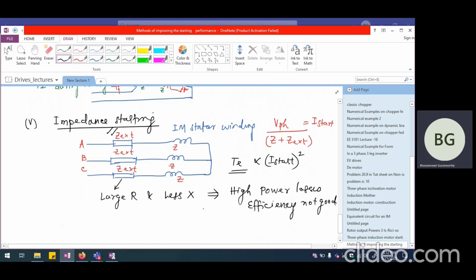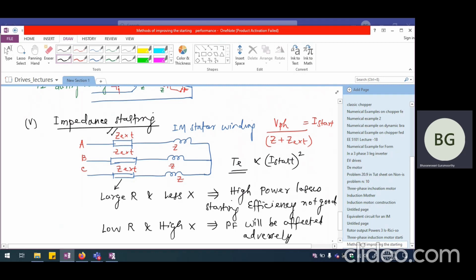Starting efficiency will not be good in this particular case. Whereas on the other hand, if I have low resistance and high reactance, power factor will be affected adversely. Efficiency may not be affected very badly in this case.